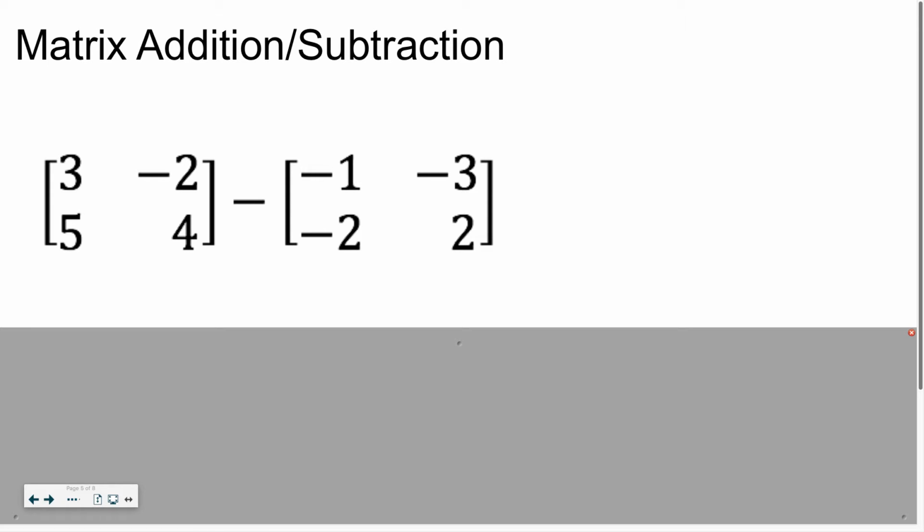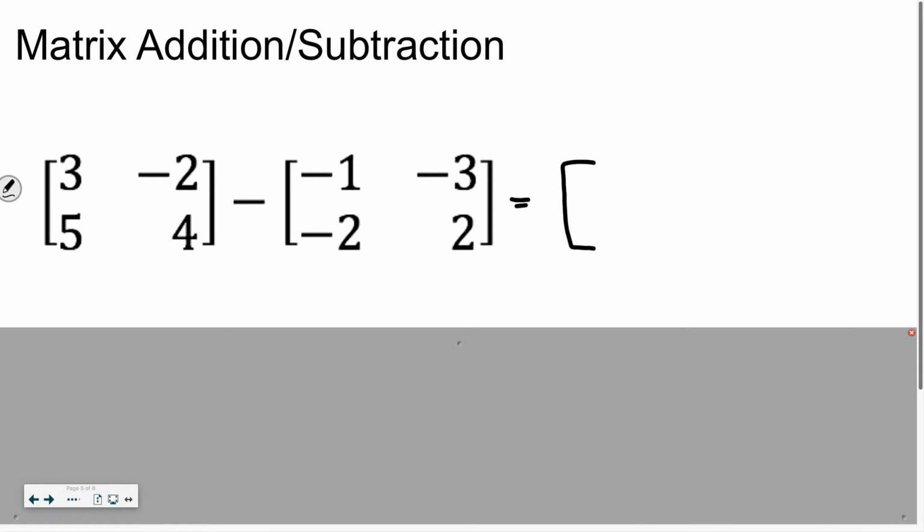Similar to something you used in geometry, I would call these corresponding entries, because I could subtract the first row, first column entry of one matrix with the first row, first column entry of the second matrix. So yes, we can really just subtract all the way across.